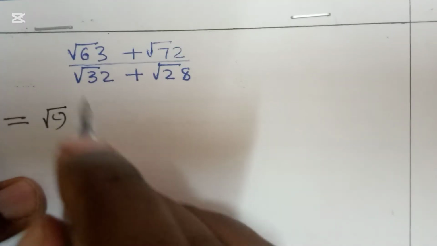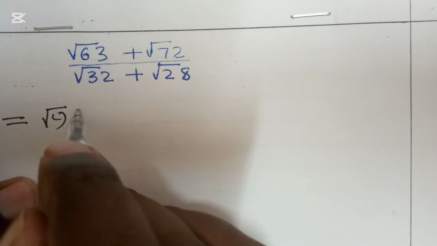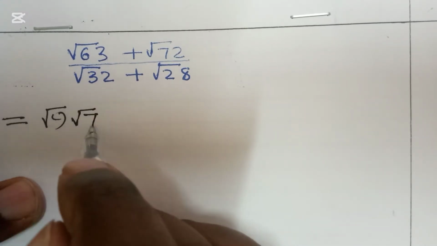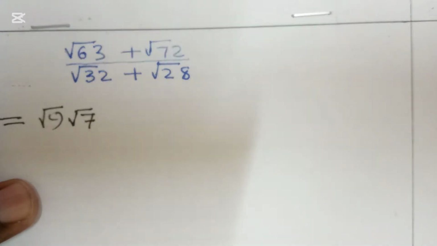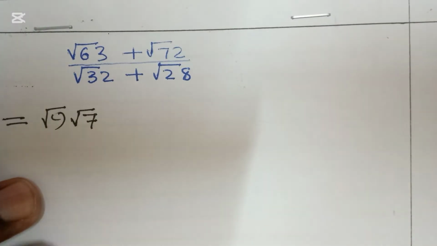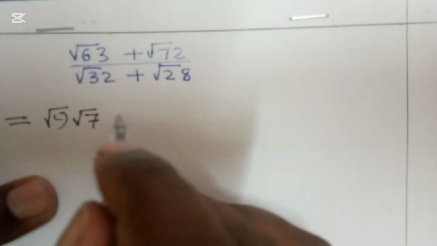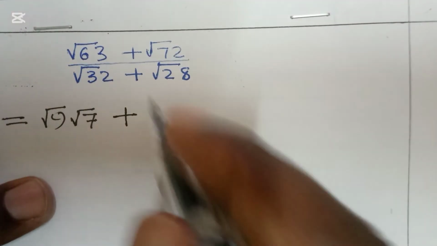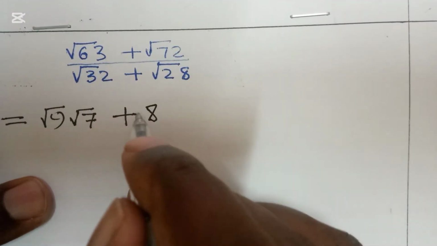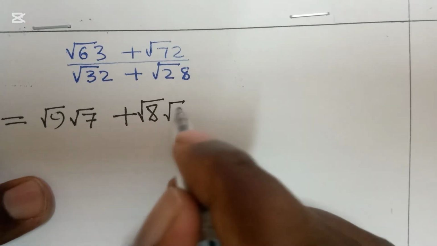So the first thing we are going to do is separate these two numbers. These numbers, for example 63, we know it's 9 times 7. So we have square root of 9, square root of 7, like that. But guys, let's continue because I have thought of something else.